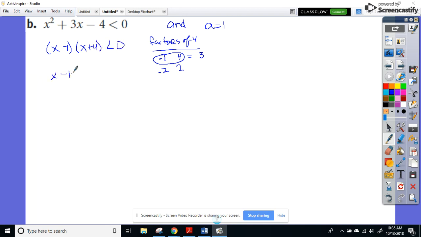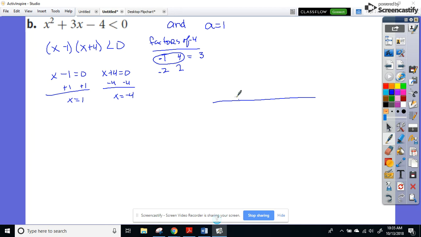Use the zero product property, set each factor equal to 0, and now solve. So my zeros are at 1 and -4. Give yourself a number line. -4 is over here.